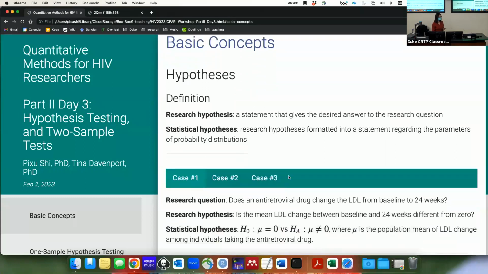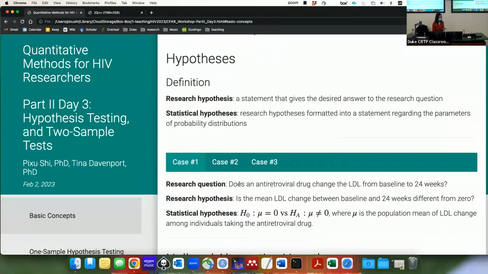Here are three examples. In the first case, we have an antiretroviral drug that may or may not change the LDL after the treatment. So the research question is, does LDL change from baseline to 24 weeks after the treatment?